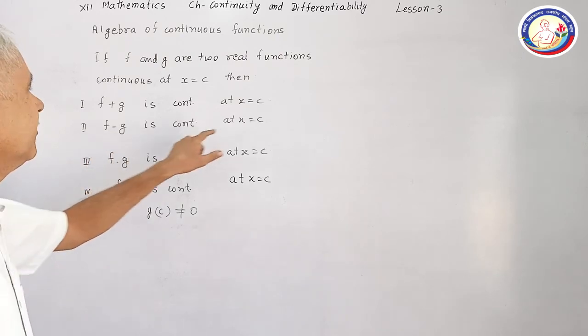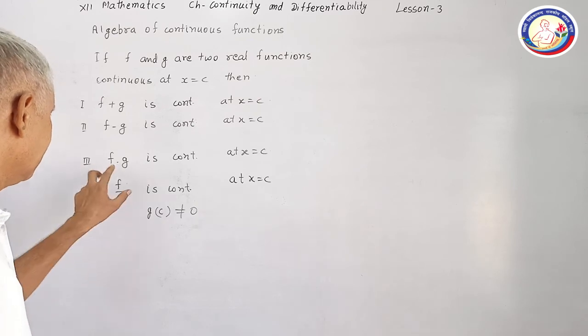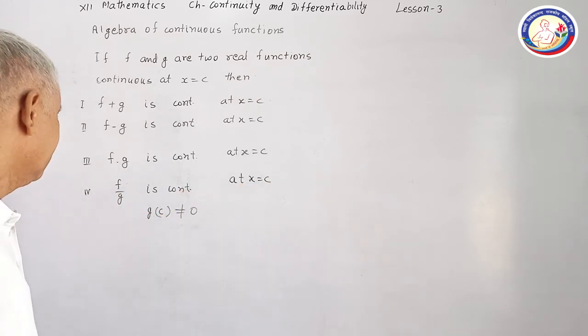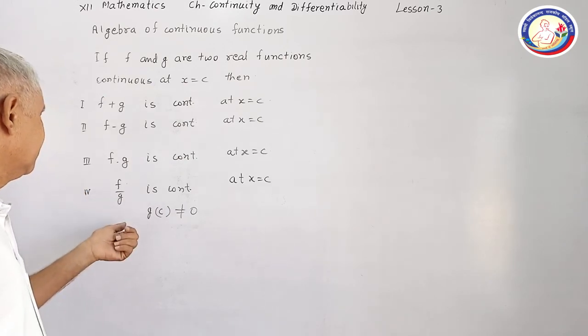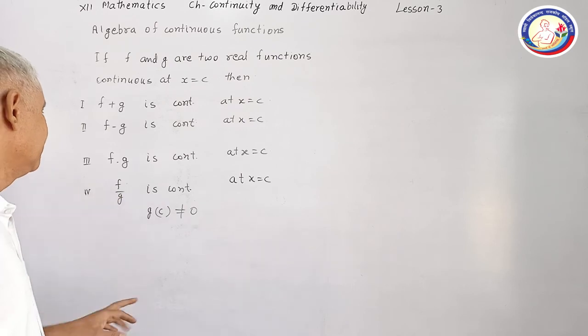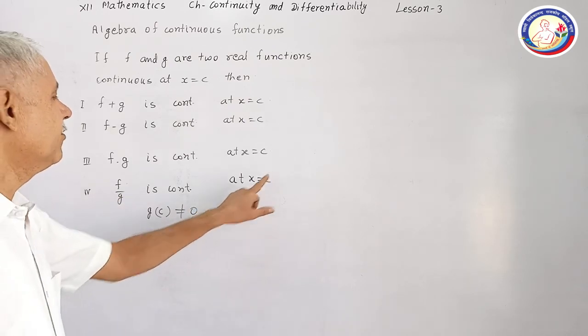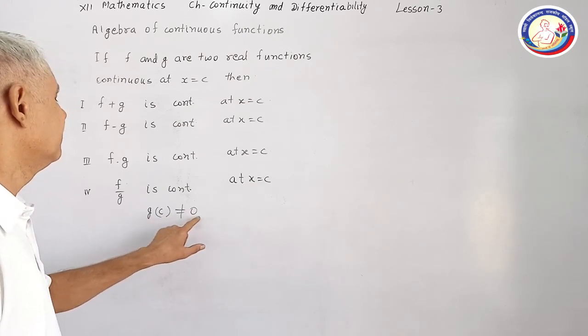Again, the difference of the two functions will be continuous at x equal to c. The product of these two functions will be continuous at c. Now, the quotient of these functions will be continuous at x equal to c, provided the value of the function at c is not equal to 0.